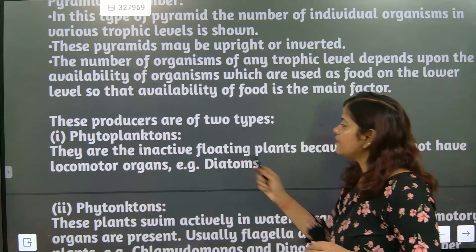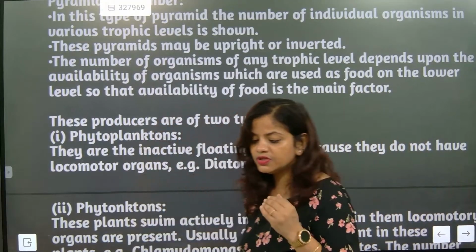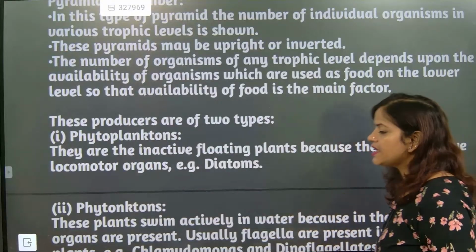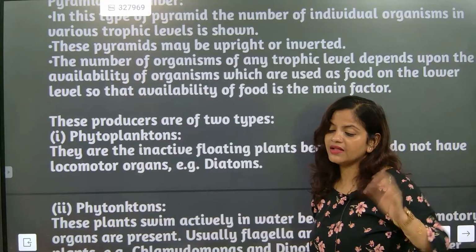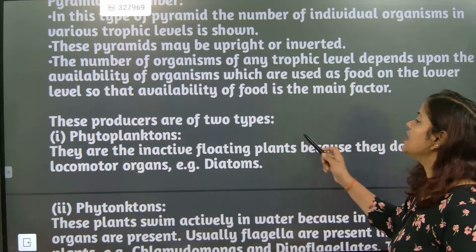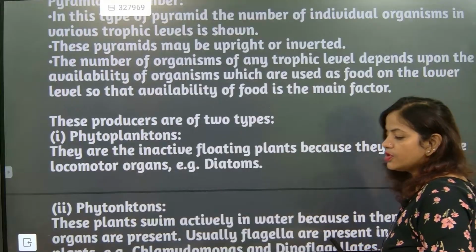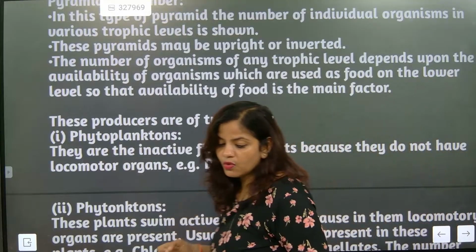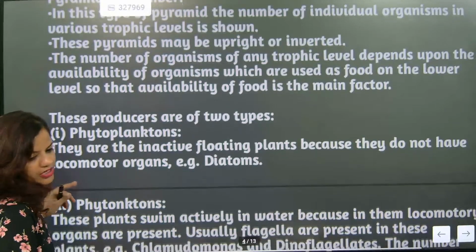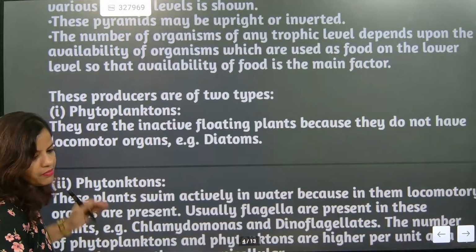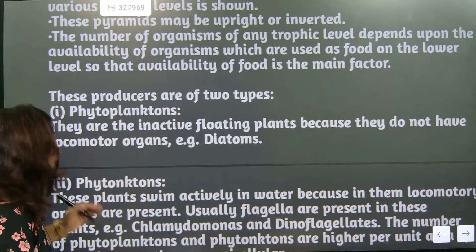Inactive floating means they cannot float on their own; they do not have a device through which they can float. They float only randomly, so they are called inactive floating plants. One of the most important examples is diatoms.